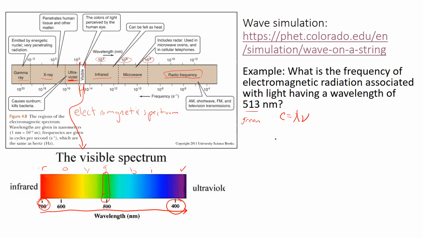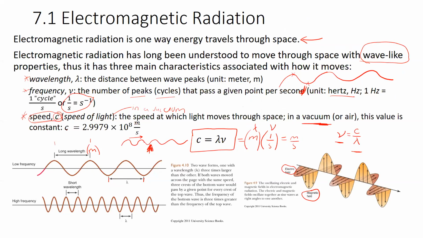So if we want to figure out the frequency of light, nu is going to equal c over lambda. And our value for c is the speed of light in a vacuum, which is constant, at least in a vacuum.